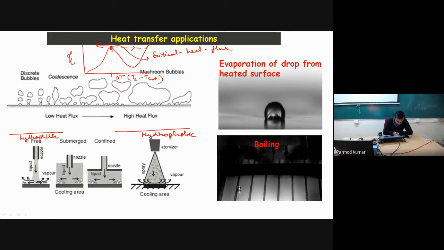Hydrophilic means this surface wants more water to stay with it, so the bubble profile on this surface will become something like this when it is about to depart. And this is a hydrophobic surface. A hydrophobic surface doesn't want more contact of water with the surface.